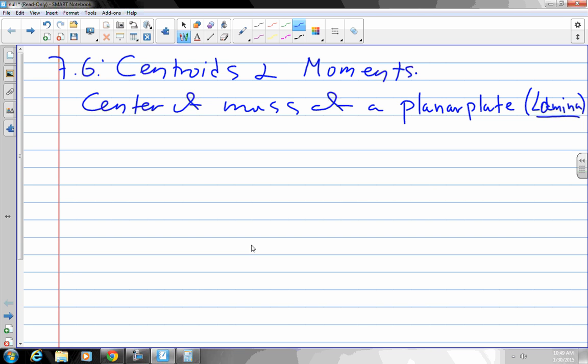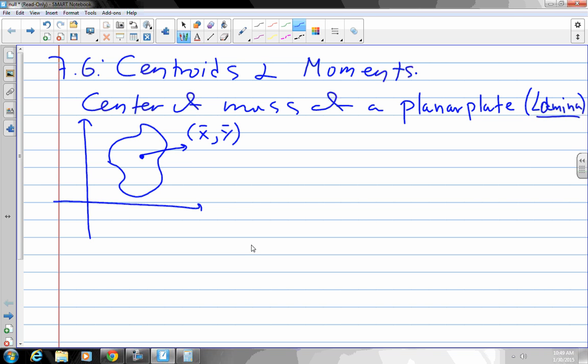So it's a very thin, flat, uniformly distributed weight type of situation. So we're looking for some magic point, x bar, y bar, and this is our centroid, we're going to call it.